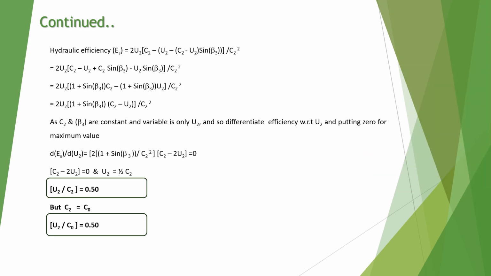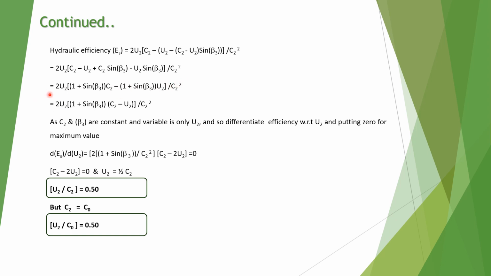Again we can write hydraulic efficiency as 2 into U2 (C2 minus U2 plus (C2 minus U2) sine beta 3) upon C2 square. So further we can write 2 into U2 (C2 minus U2 plus C2 sine beta 3 minus U2 sine beta 3) upon C2 square.